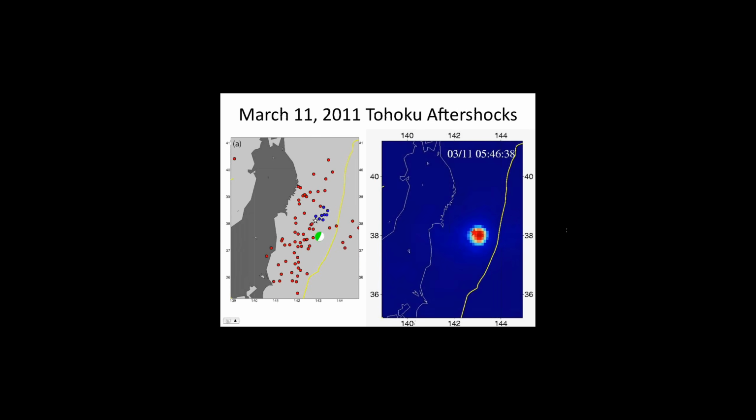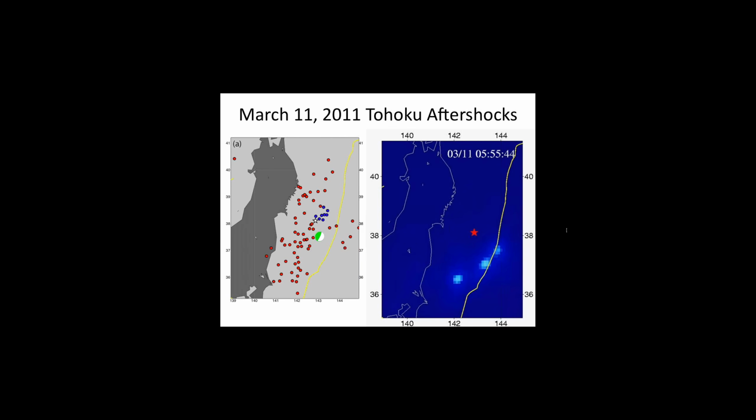So here's a movie of the main shock that I showed you earlier. And if we let this continue to run, you'll see different peaks pop up here. These are the aftershocks of the event, and more specifically, some of the larger aftershocks of the event.